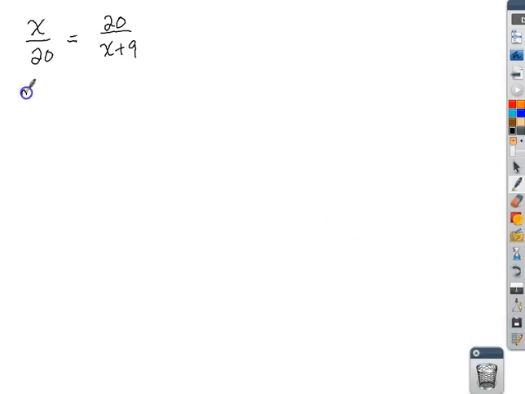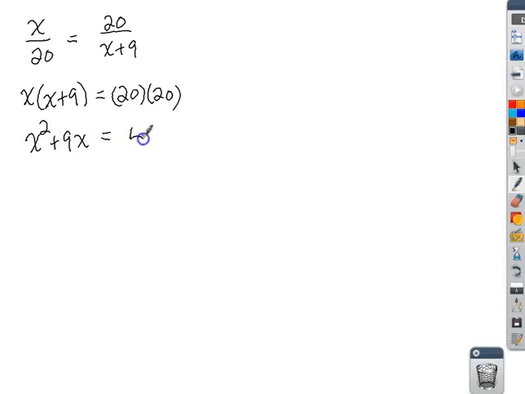So when I solve for x, that's going to be x times x plus 9 is equal to 20 times 20. Would everybody agree with that? So that is x squared plus 9x is equal to 400. Everybody agree with that?